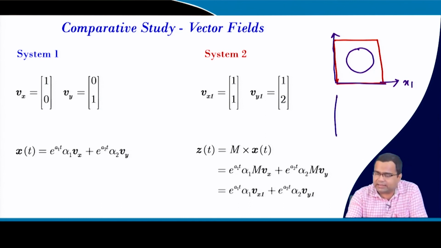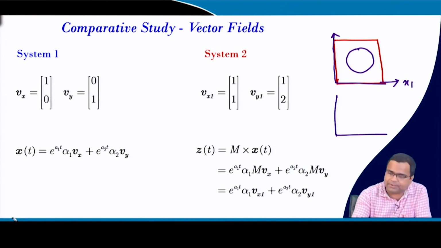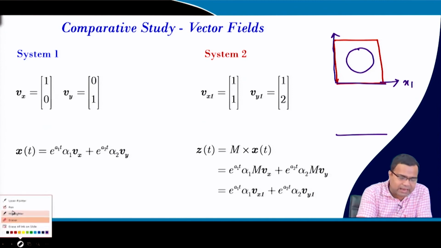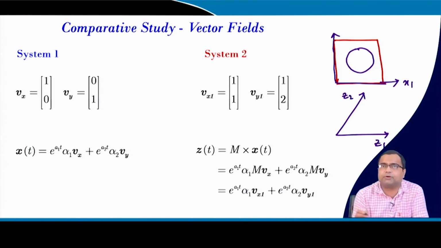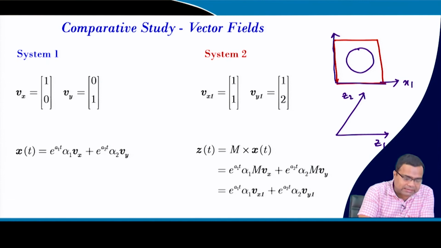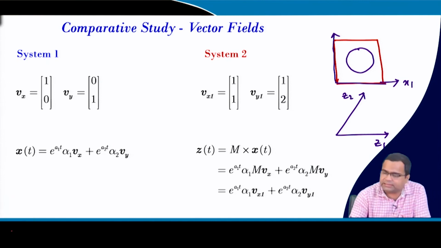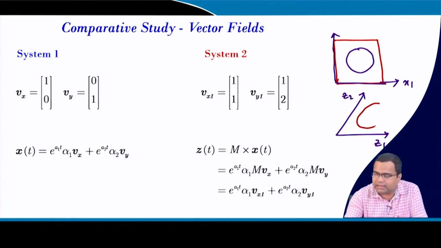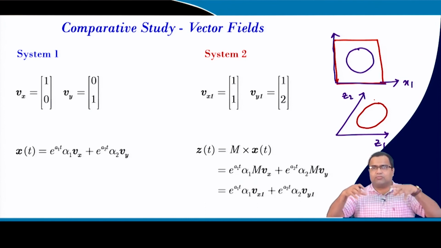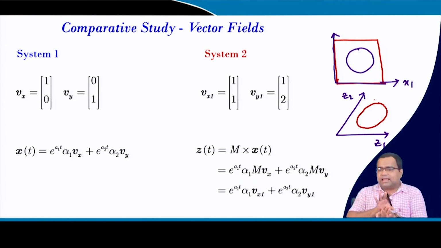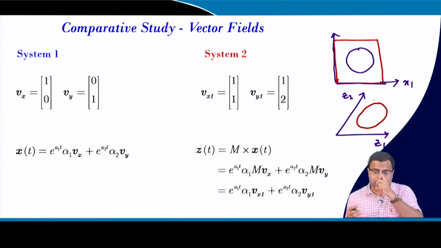Then the axes may appear slightly different, and we call them z1 z2 because we are looking from some angle. Then this particular ball will look like an ellipse, because we are looking from another angle. When you look from vertically it will look like a circle, but if you look from an angle it will look like an ellipse.